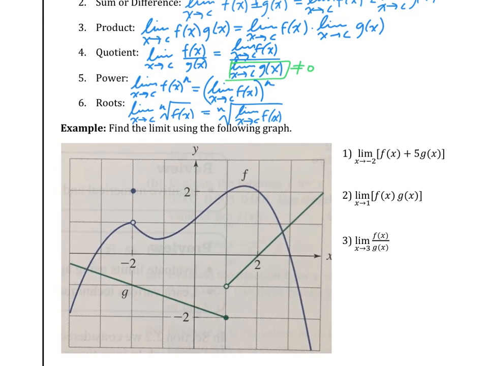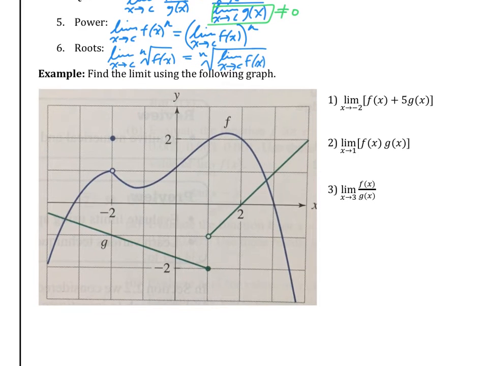But now let's look at real application. So let's look at this first question. It says, what is the limit as x goes to -2 of this function plus 5 times this function? And for the functions, you have to look at this graph. You can see that there are two graphs. One is blue, one is green.